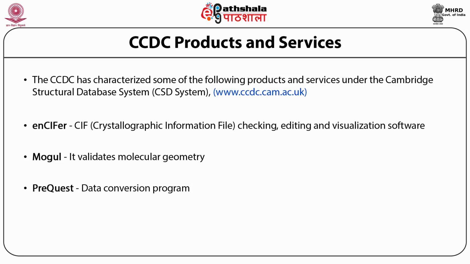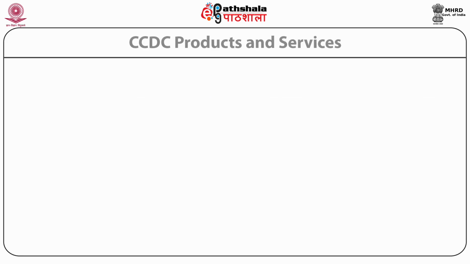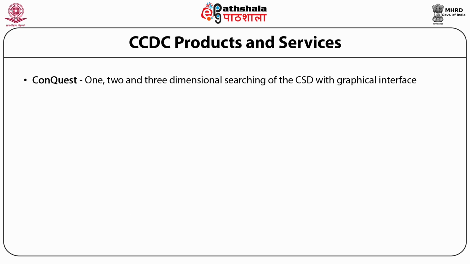PreQuest is a data conversion program with the objective to create high quality structural data files in the format that is searchable by ConQuest. Quest is another program which is used to search the entries, with either 1, 2 or 3-dimensional searching of the CSD.